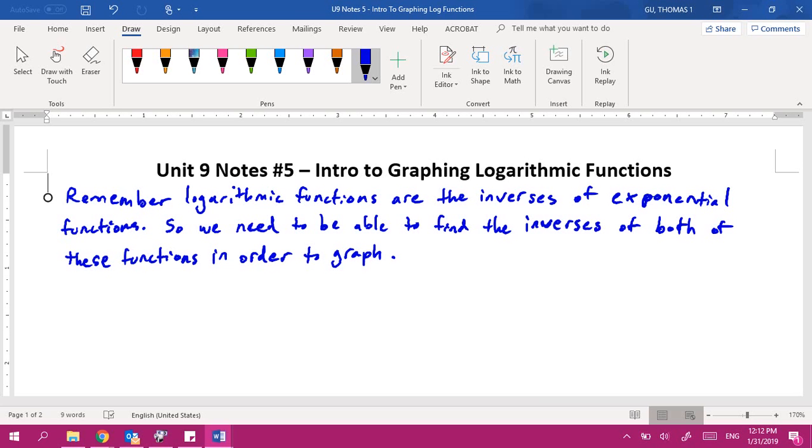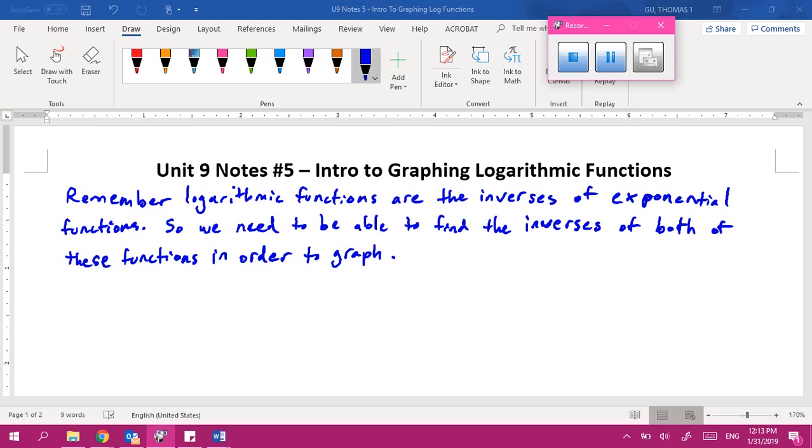Remember, logarithmic functions are inverses of exponential functions. That's very important. If I asked you what kind of function is the inverse of an exponential function, it would be logarithmic.